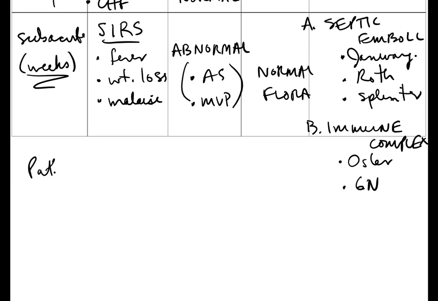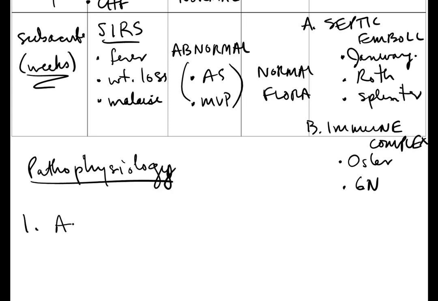So how do patients get this? What's the pathophysiology of our infectious endocarditis? Well, we should really differentiate acute from chronic. When we talk about acute, there has to be direct access to the vein. So we're going to see this as two manifestations.